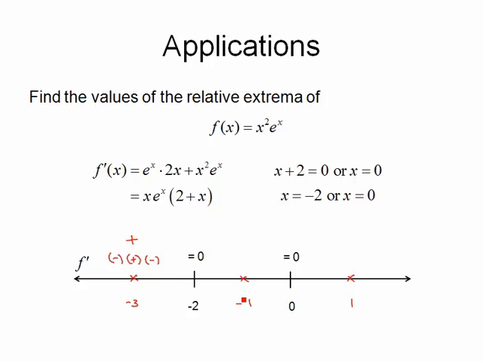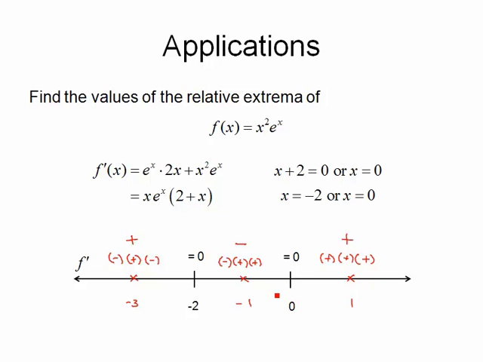When I test at negative 1, I'm going to get a negative 1, so that's negative. E to the negative 1 is positive. 2 plus negative 1 is also positive. So negative times positive gives me negative. And when I put 1 into those three factors, I get positive times positive times positive. So overall, that's positive.